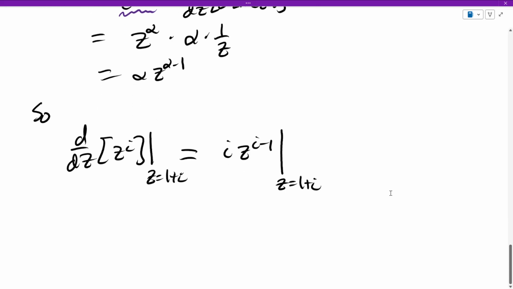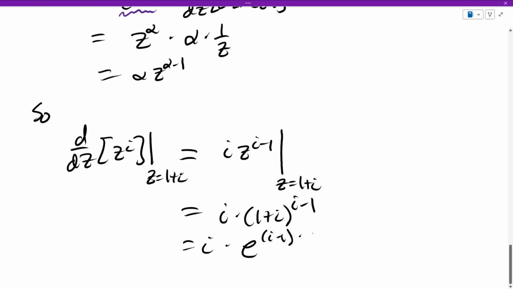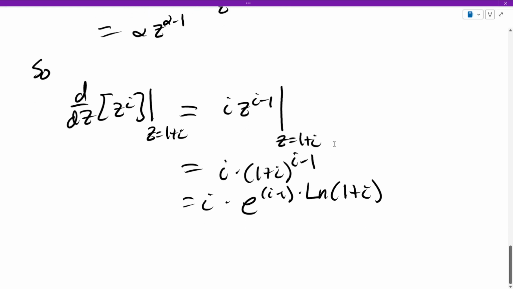All right, so that's easier said than done, right? So this is i times 1 plus i to the i minus 1. Goodness, look at that. Nevertheless, it's okay. We can do this. So this is e to the i minus 1 times the principal value of log of 1 plus i. And that's just the definition of exponentiation, right?